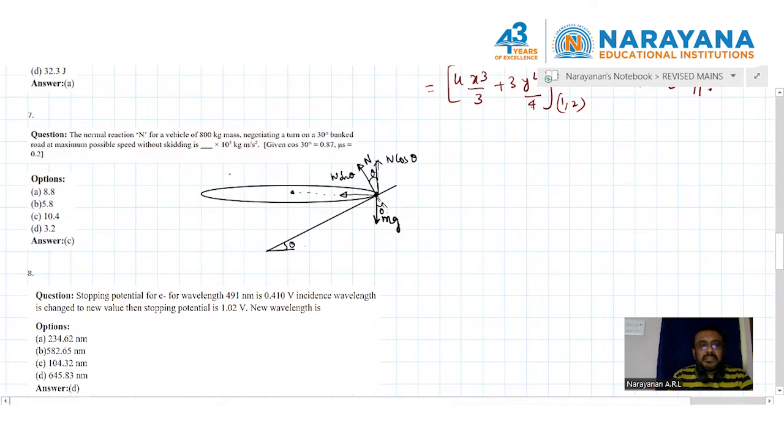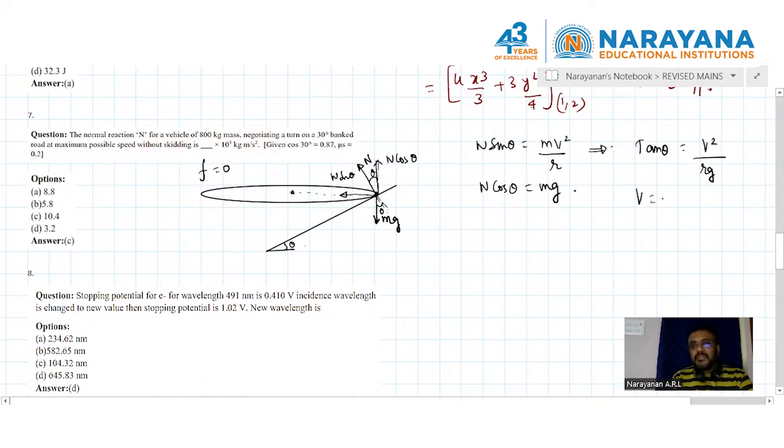This is without friction, f is 0. So N sin theta is mv square by r. N cos theta will balance the weight. If you simplify, tan theta is v square by rg, v is equal to root of g r tan theta.